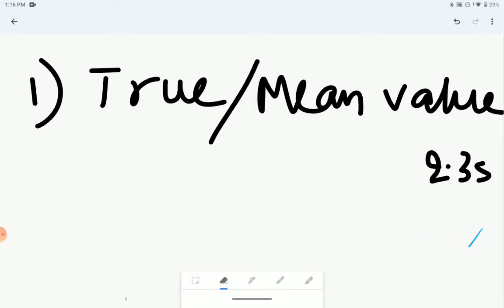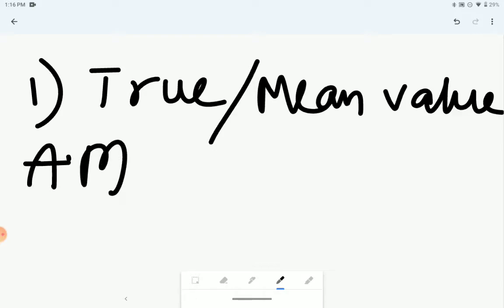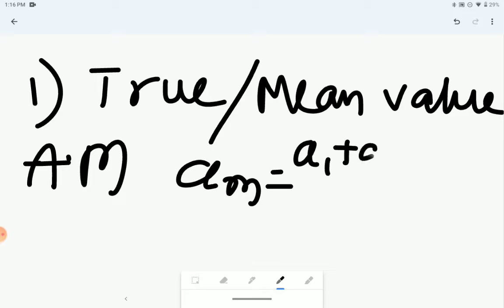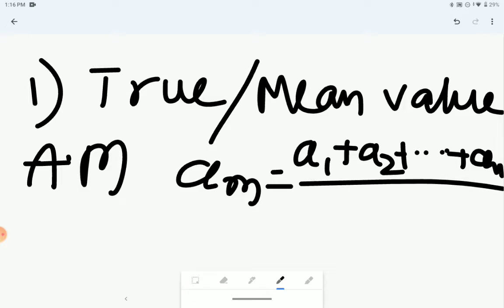Then this true value or mean value is defined as the arithmetic mean of all these values. That is, a1 plus a2, and so on, plus an, upon n.